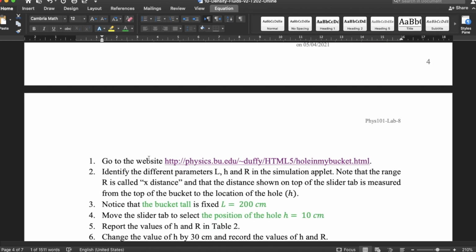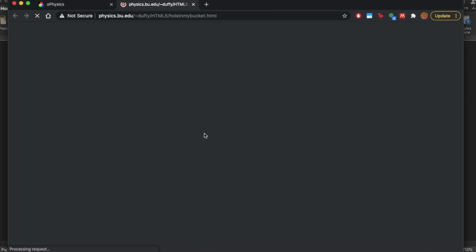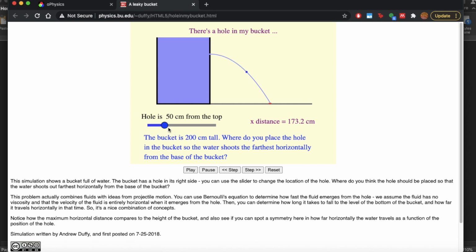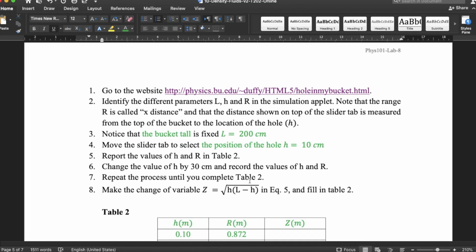So let's go to the simulation. From here you can control the height of the hole, and you can observe that the range changes with changing the height of the hole. So let's read the data that we have.